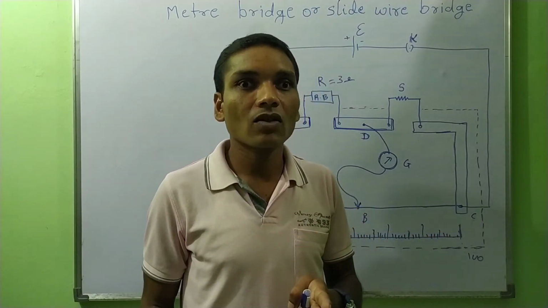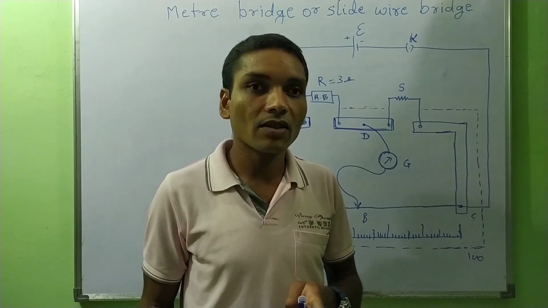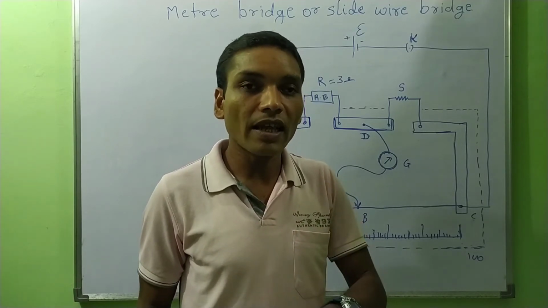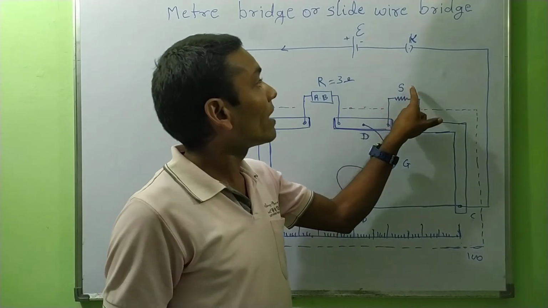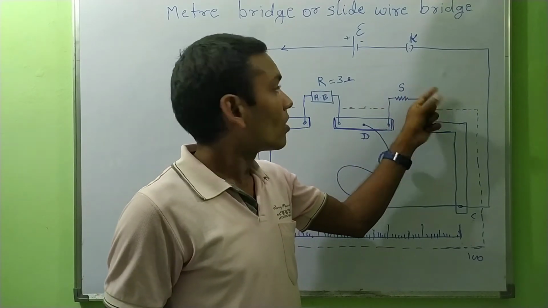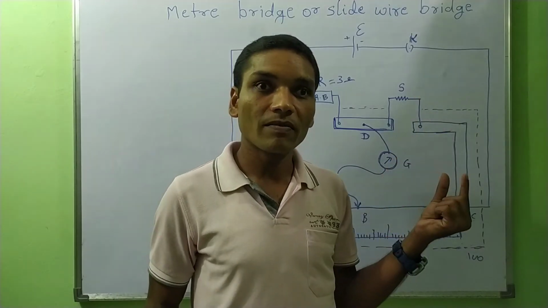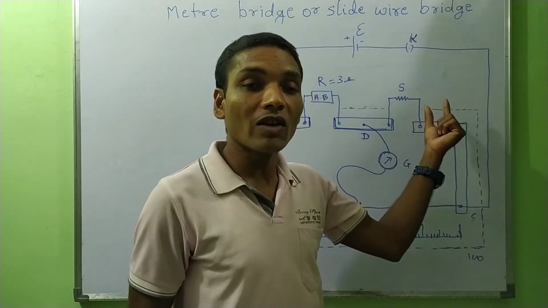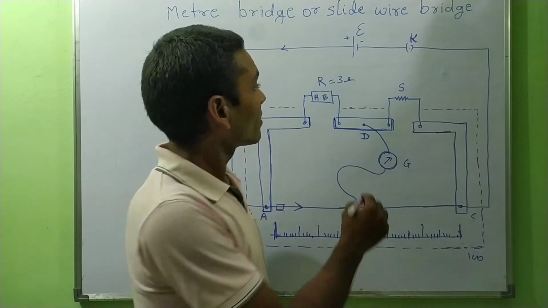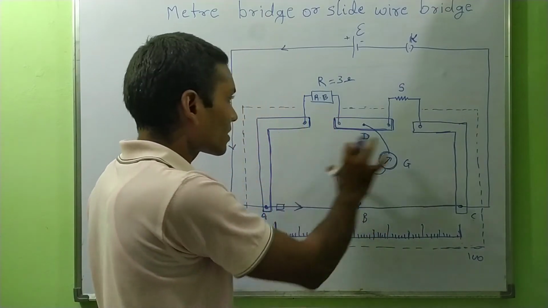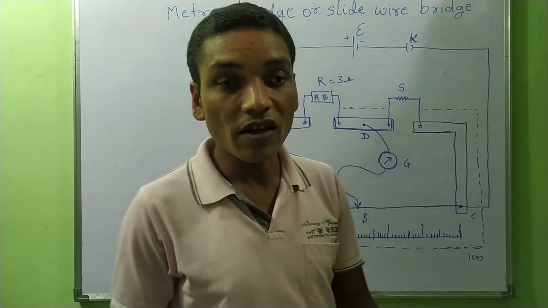This resistance is called end resistance. So due to the end resistance, the value of this unknown wire cannot be calculated correctly. That's why this wire and these strips are taken thicker.